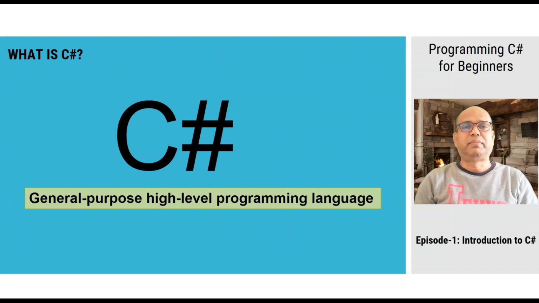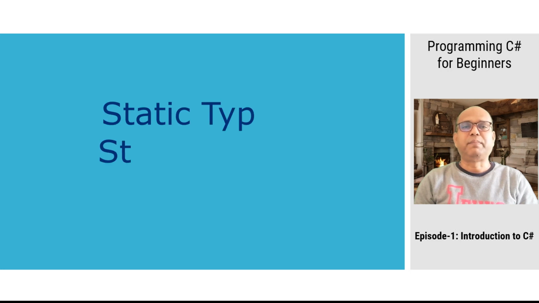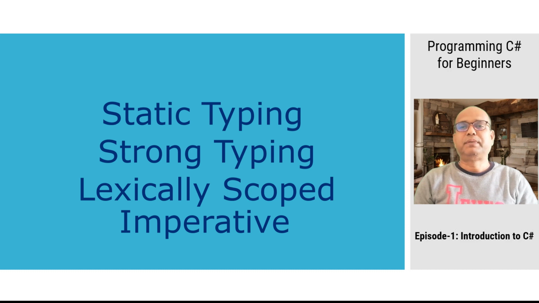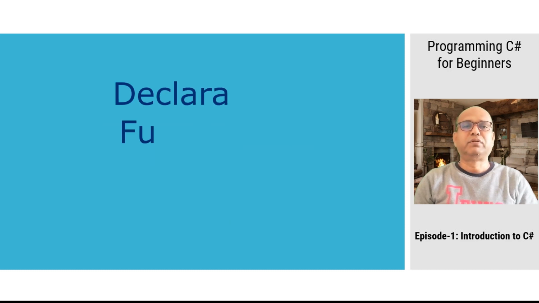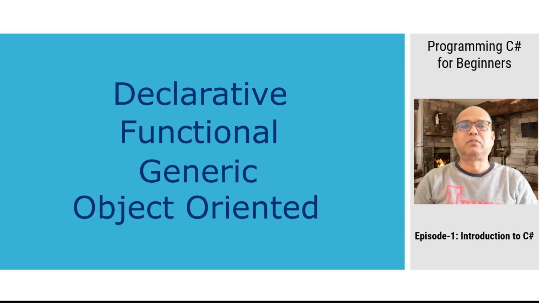What is C#? C# is a general-purpose, high-level programming language supporting multiple paradigms. C# encompasses static typing, strong typing, lexical scoping, imperative, declarative, functional, generic, object-oriented, and component-oriented programming disciplines.